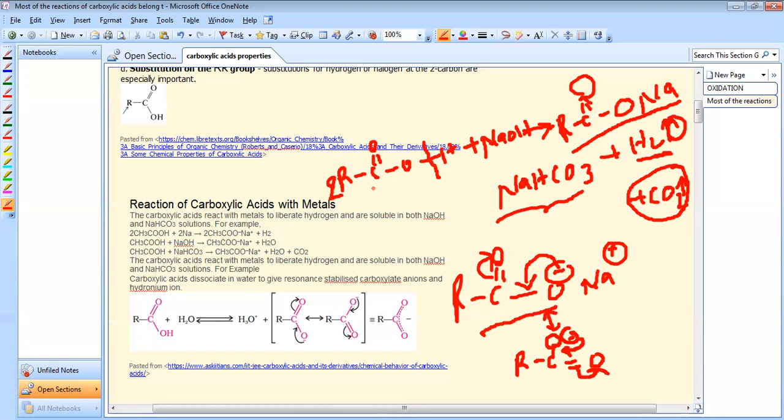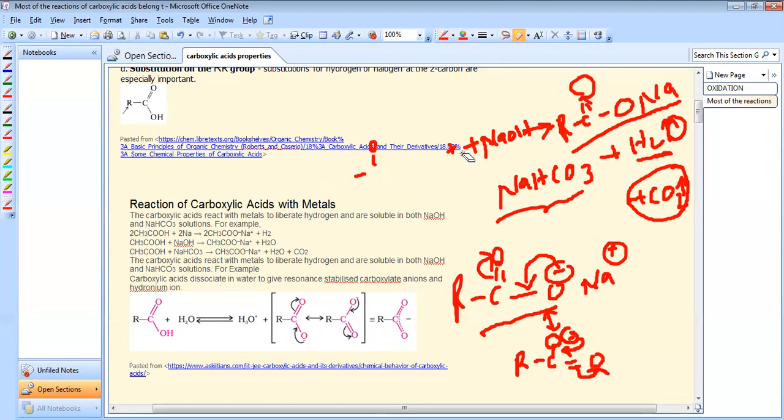Whenever carboxylic acid is dissolved in water, the same thing happens. Again we get carboxylate ion along with hydronium ion, H3O plus, and this carboxylate ion undergoes equivalent resonance, and thereby we get a resonance hybrid. This resonance hybrid is more stable than carboxylic acid. So this is about the reactions of carboxylic acid due to breakage of the OH bond.